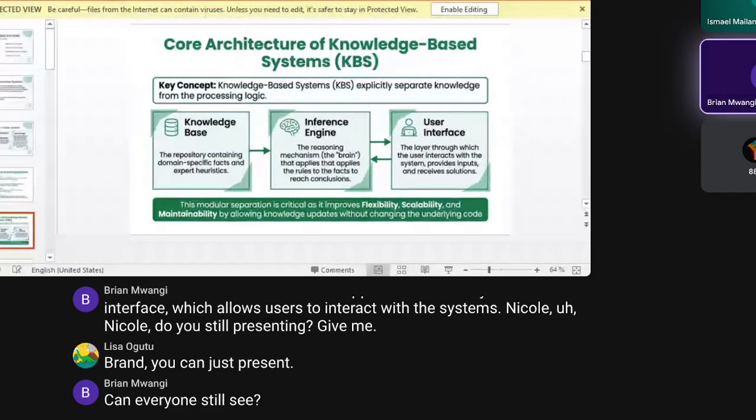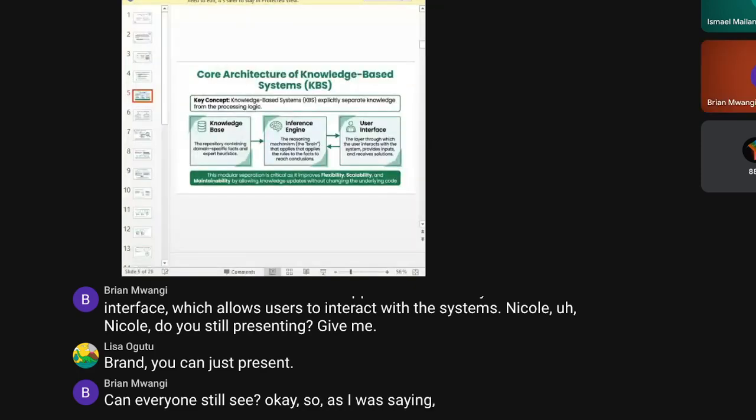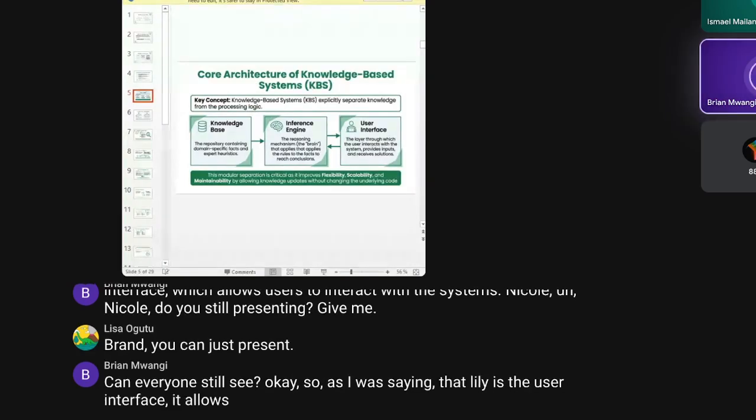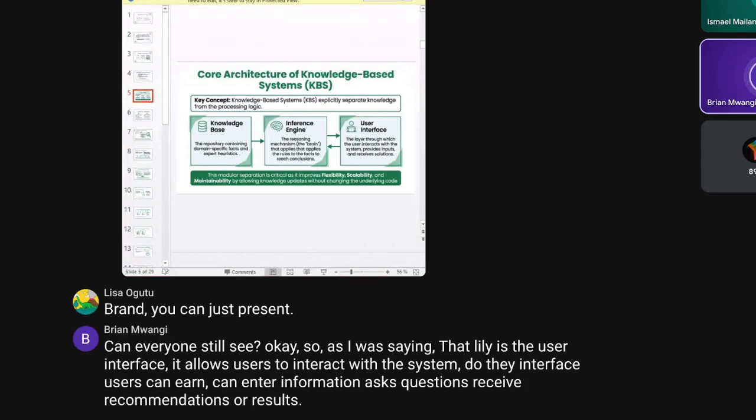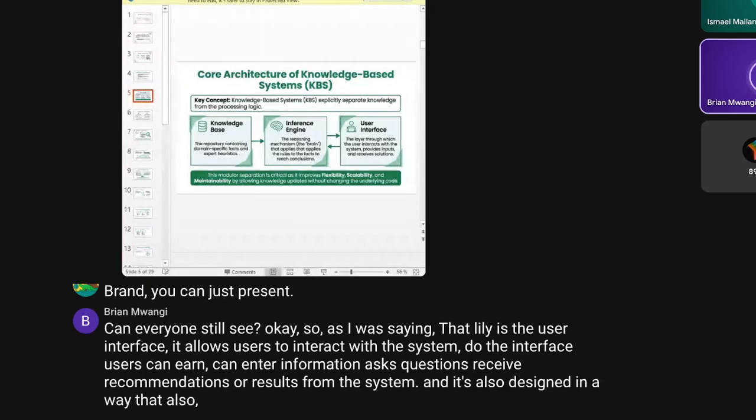Okay, so as I was saying, thirdly is the user interface. It allows users to interact with the system. Through the interface, users can enter information, ask questions, and receive recommendations or results from the system. It's also designed in a way that non-experts like students or organization members can use it easily.